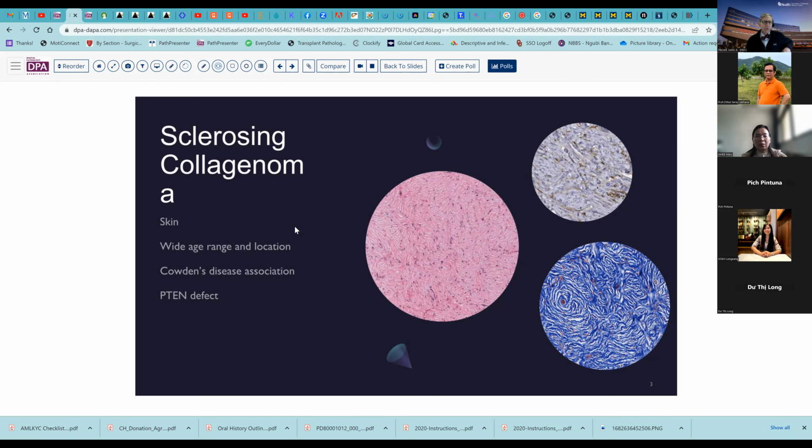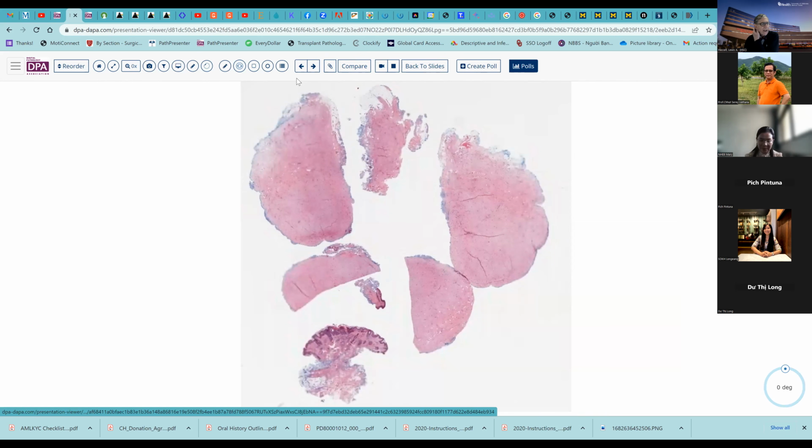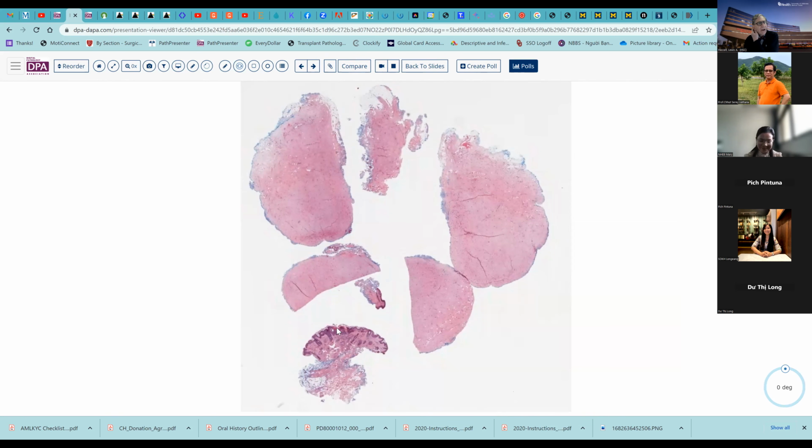And in terms of where on the skin, just about anywhere. This also has an association with Cowden's disease and maybe has an associated PTEN deficiency, which is important to detect if you can, because these patients are also at risk for other tumors. So I have just the one example, this one from the skin.